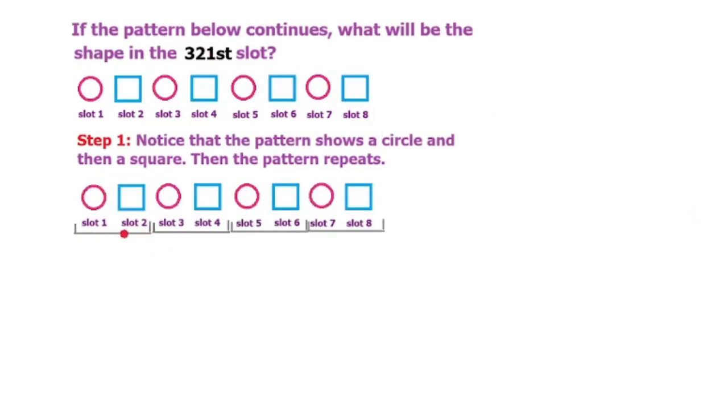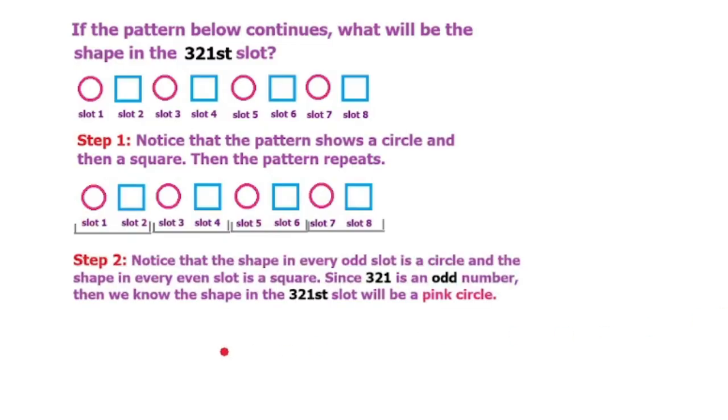So let's break it down further. This pattern is the first one. This is the second one. This is the third. This is the fourth. So step two: you can notice that the shape in every odd slot is a circle, and the shape in every even slot is a square.